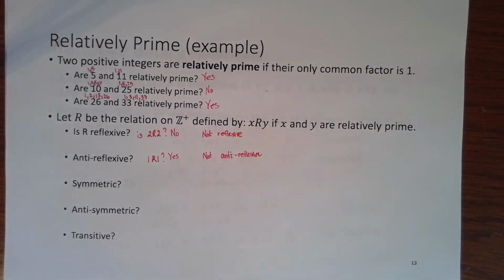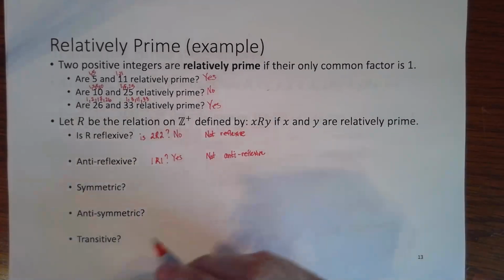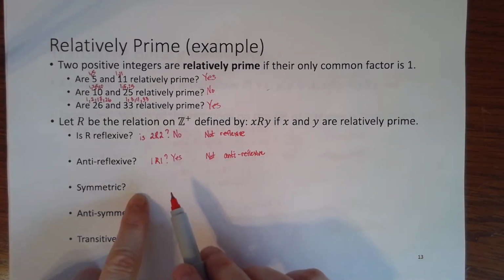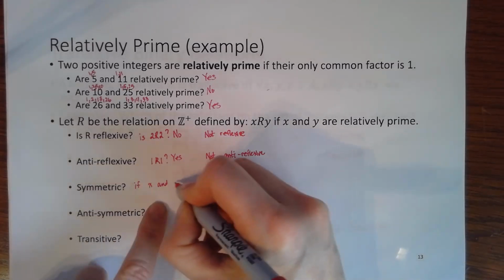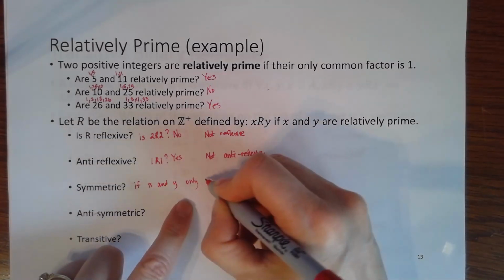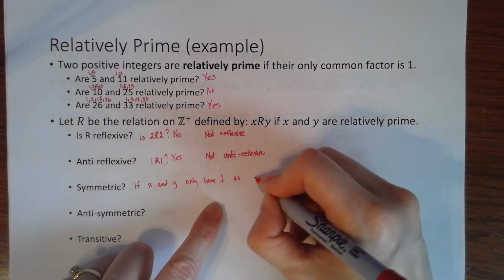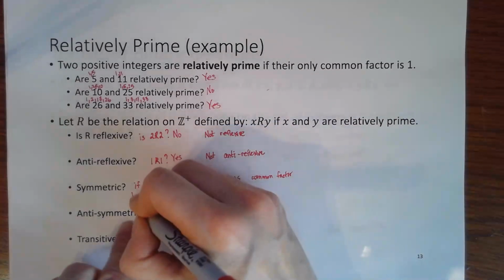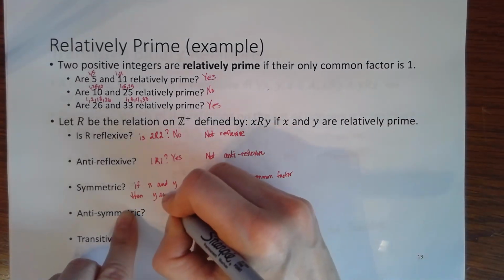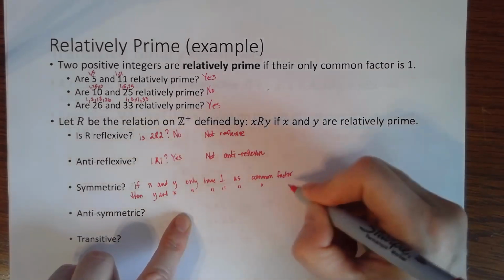All right. Is it symmetric? If x and y only have 1 as a common factor, then y and x only have 1 as a common factor.